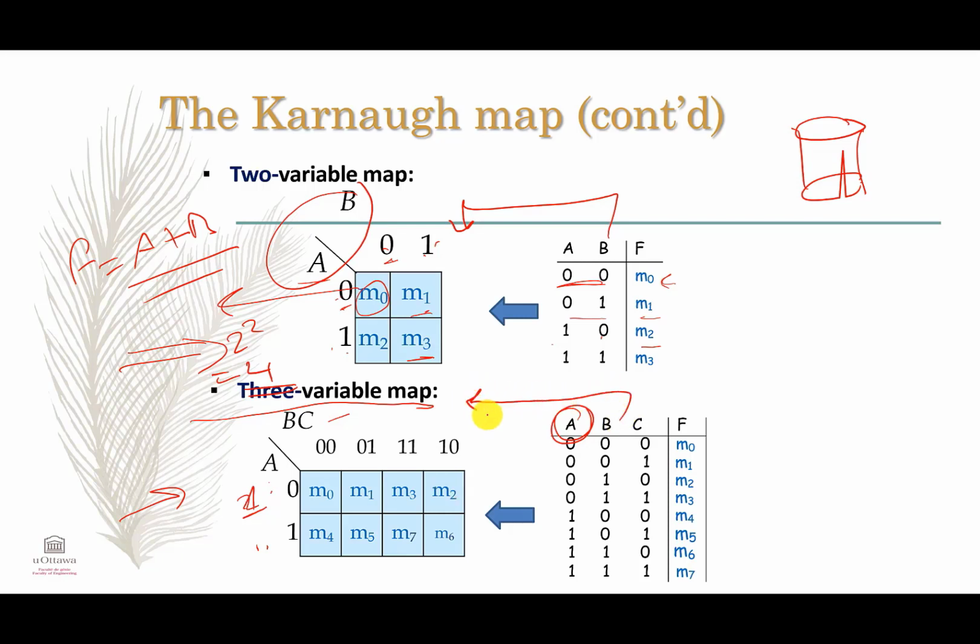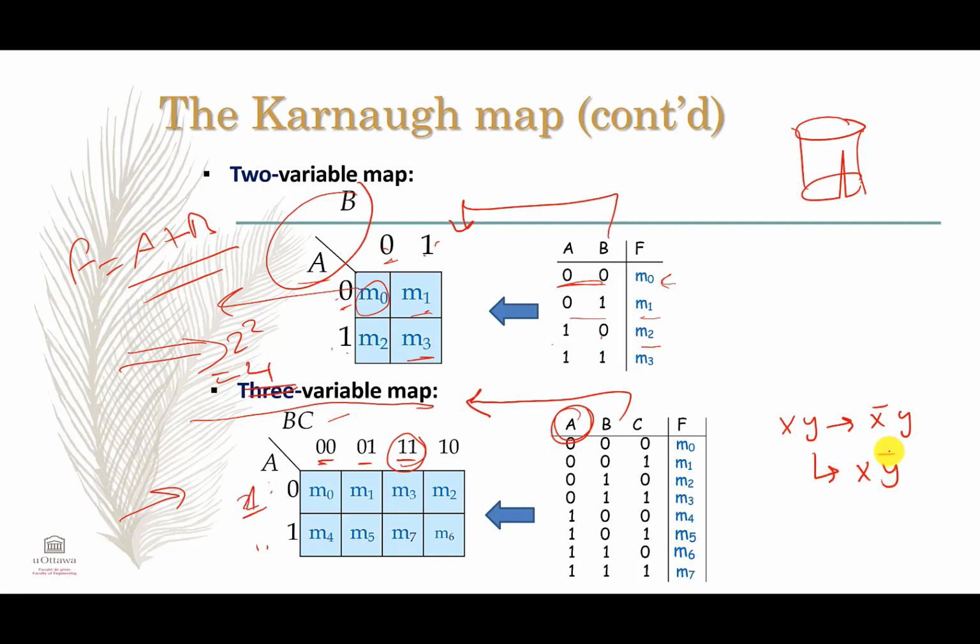But if we compare this map to the truth table, we can see that we're changing from 0, 0 to 0 and 1, and to 1 and 1, not to 1 and 0. That is a very important point to pay attention to, because the whole idea of the K-map depends on changing one variable. So if we have x y, I have to change it to x prime y, or to x y prime.